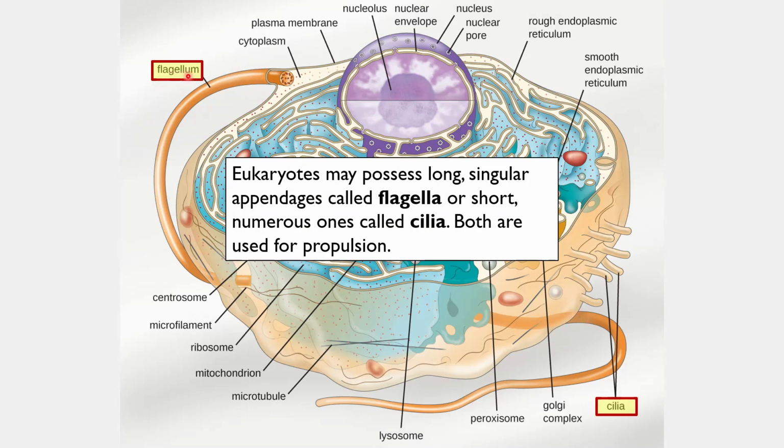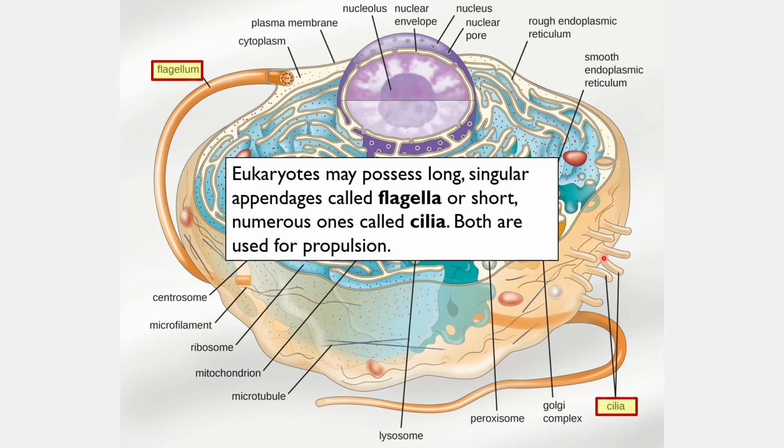But these flagella are structured differently than the prokaryotic flagella, and they also move differently. They move in a whip-like fashion rather than a propeller. Cilia are shorter and more numerous appendages that are found across the surface of a eukaryotic cell, and they too are used for movement.